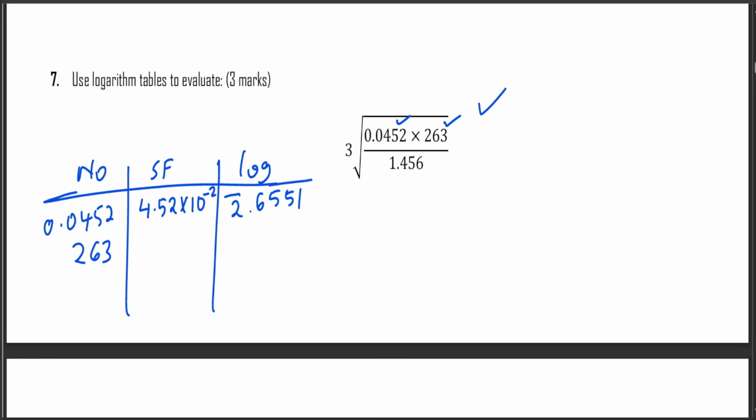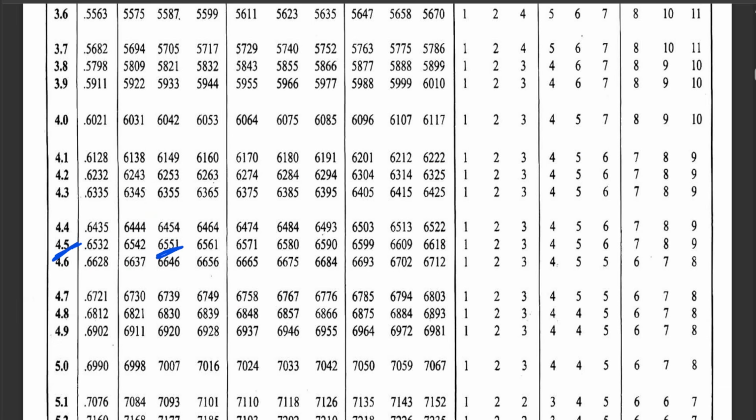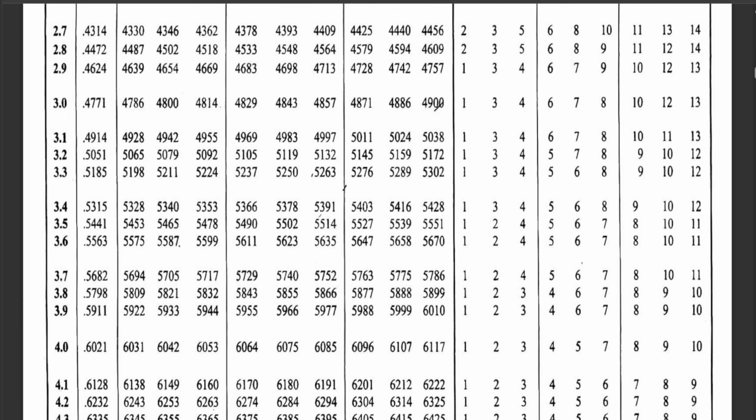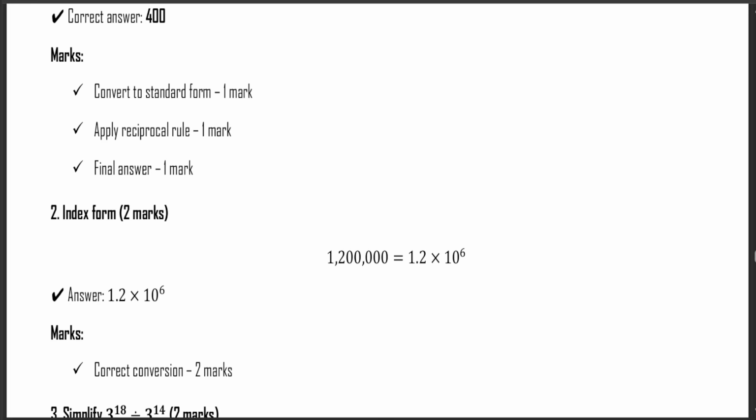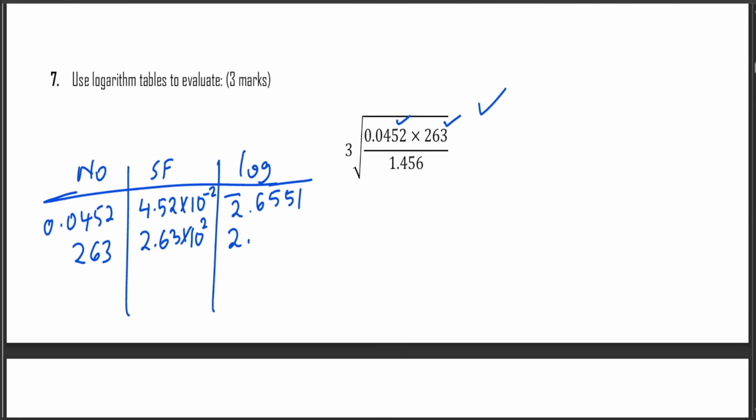Now 263 we got, we write standard form which is 2.63 times 10 power 2. So you start here with 2 point something, and look for 2.63, which is 0.4200. Okay, that is the second one done.